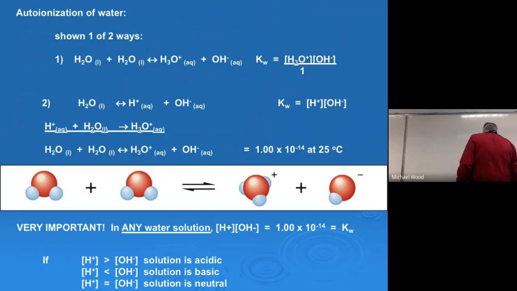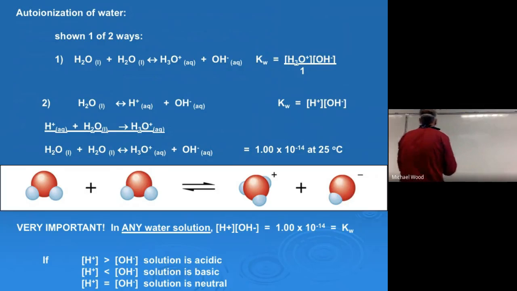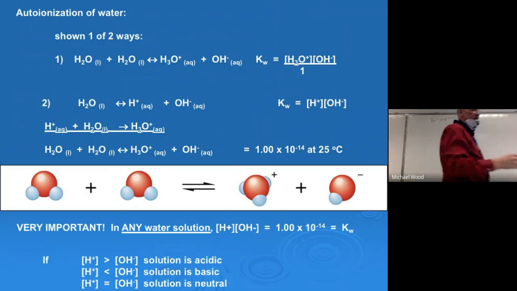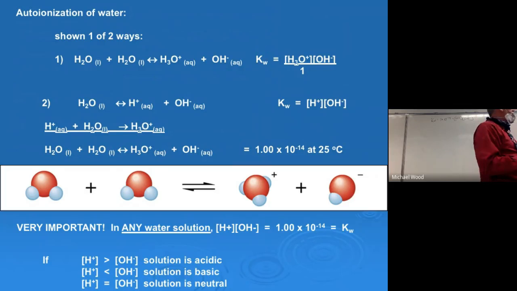The reason they call it KW, W, is it's just for water. So again, you don't have to memorize this. This is something in first year chem we definitely dealt with, and it's not difficult. You'll see, we're going to do some problems with it.